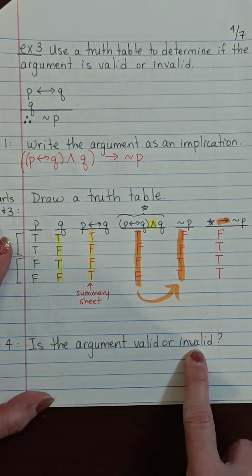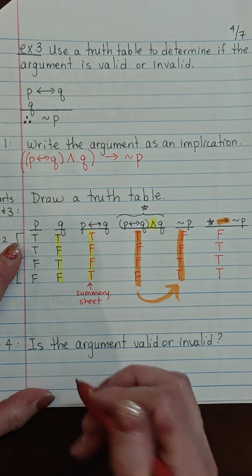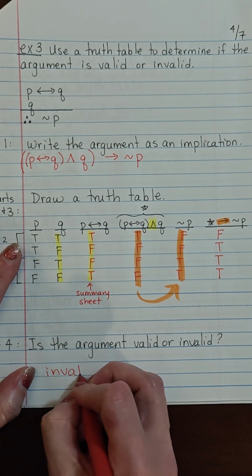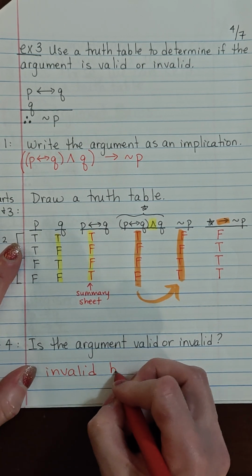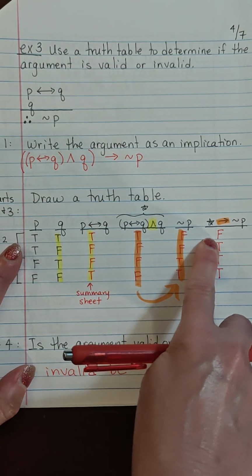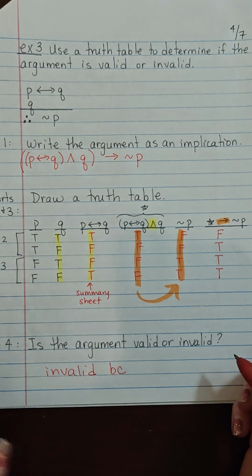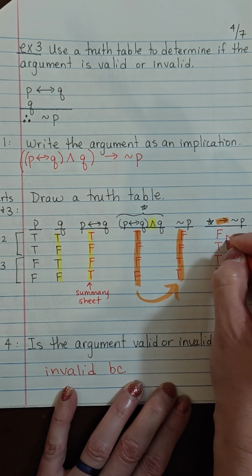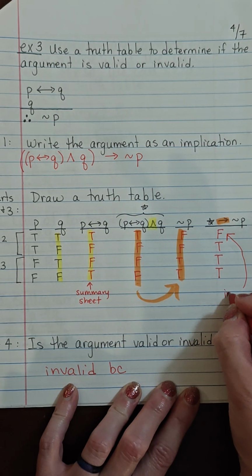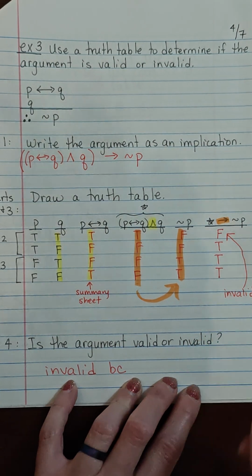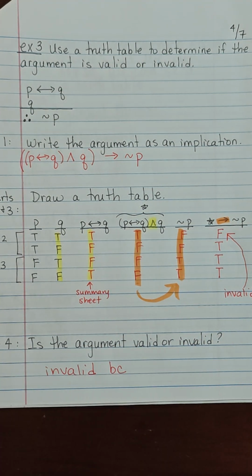Is this argument valid or invalid? This one is invalid, because there's at least one F in this last column. Even just one false messes up the entire argument.